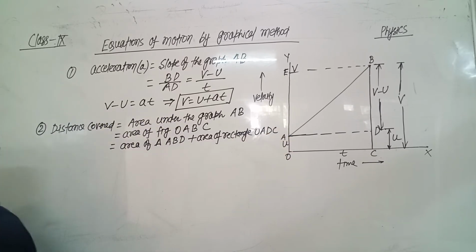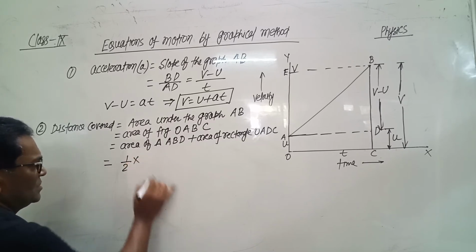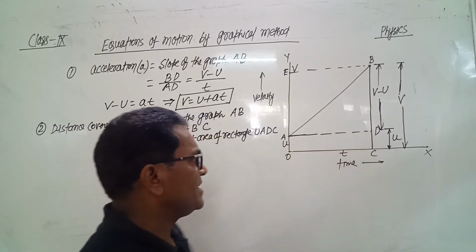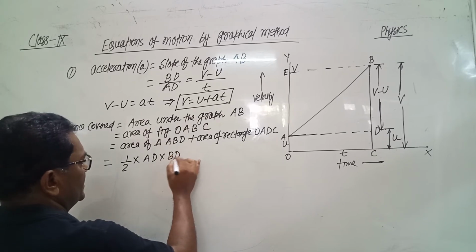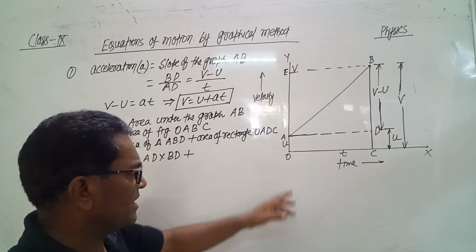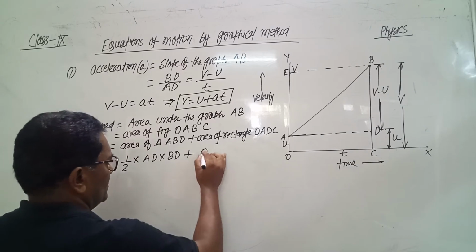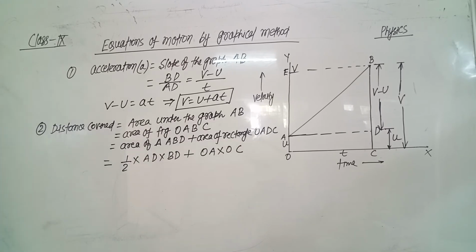Now the area of triangle ABD is half into base into height, where the base is AD and the height is BD, plus the area of rectangle OADC, which is length into breadth, meaning OA into AC.